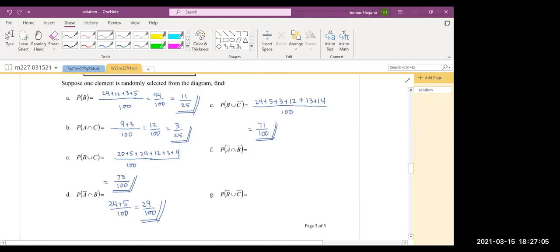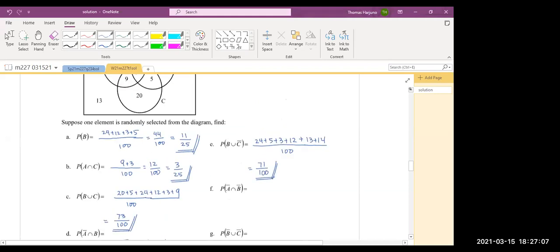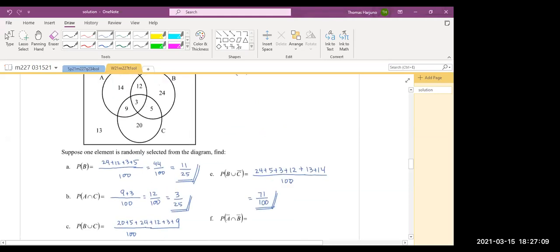Okay, now tell me part F. Probability of selecting not from A and not from B. I can help you with the over 100, but that's all. Tell me the rest.